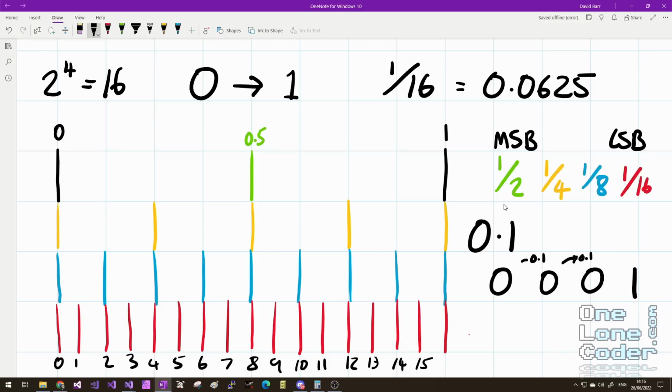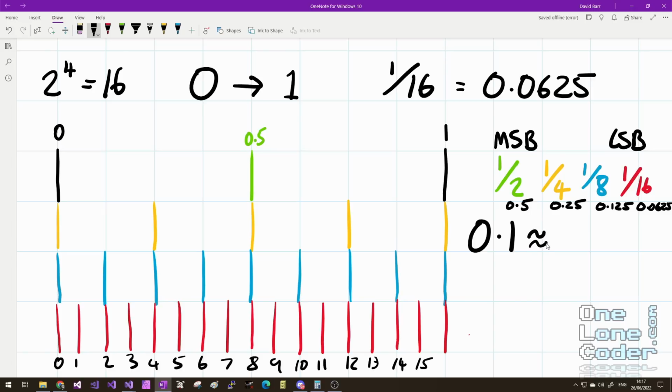And just to make this a bit clearer, I'm just going to put the decimal equivalents here. 0.5, 0.25, 0.125, and 0.0625. So what we have said here is that by applying the same algorithm as before, we have approximated 0.1 to being 0.0625.